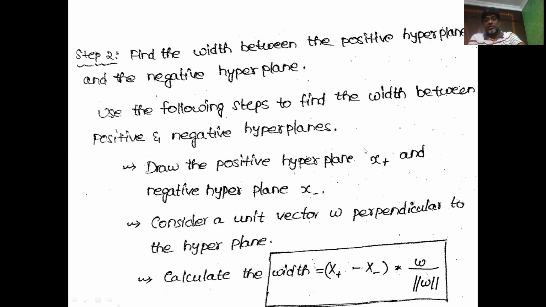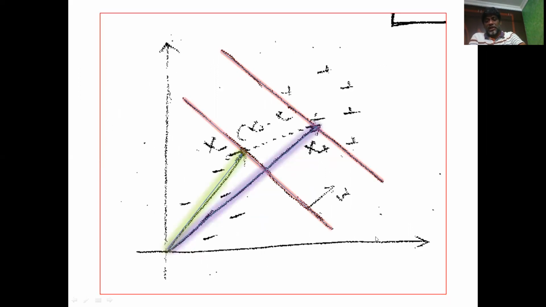And in step 2, we calculate the width of separation between the positive hyperplane and negative hyperplane using this formula: width is equal to (x plus minus x minus) into w by mod w. We identified that formula with the help of this scenario: identifying x plus on the positive hyperplane, x minus on the negative hyperplane, and a unit vector w.